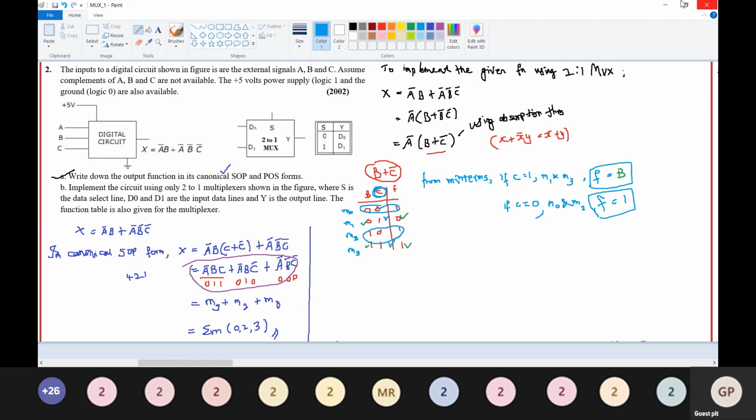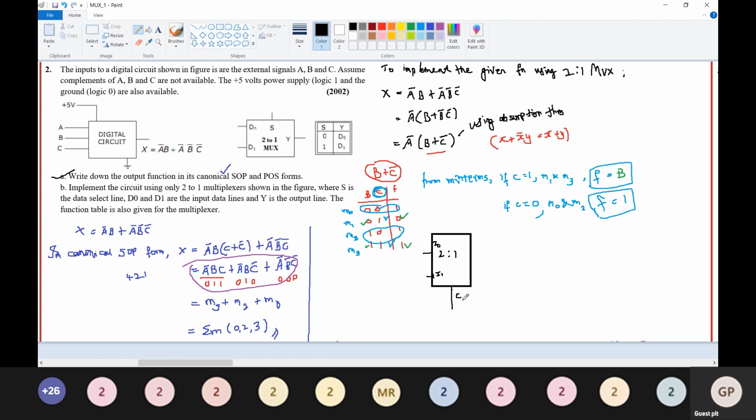So I'm going to represent this as a 2:1 mux with one selection line, which is C, and two inputs, I0 and I1.